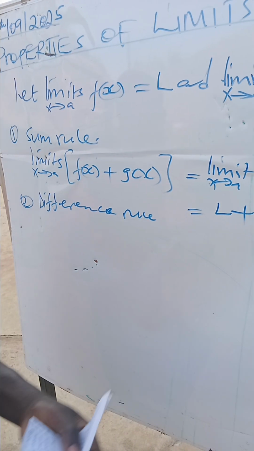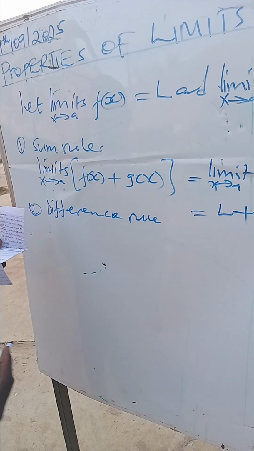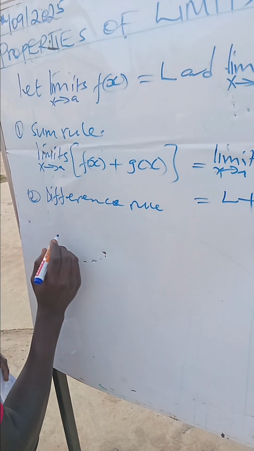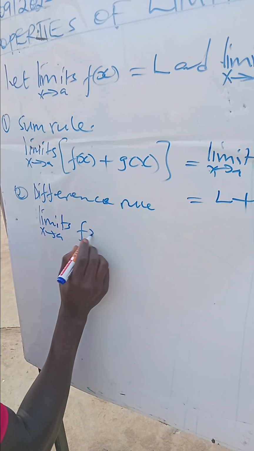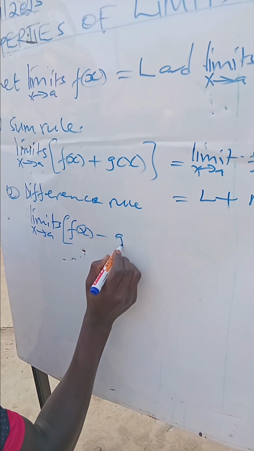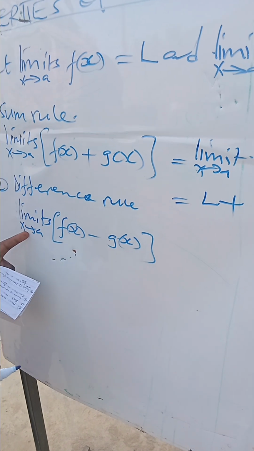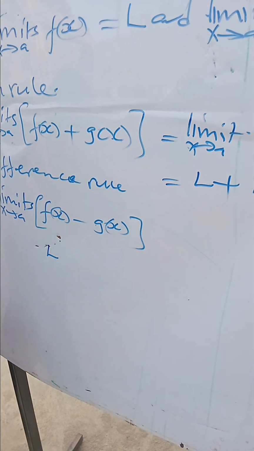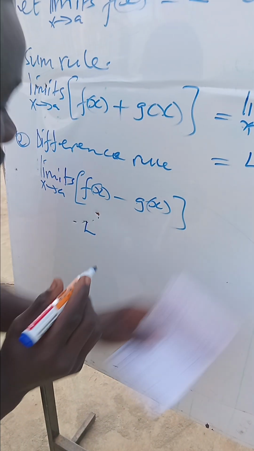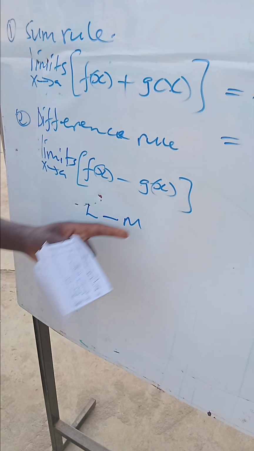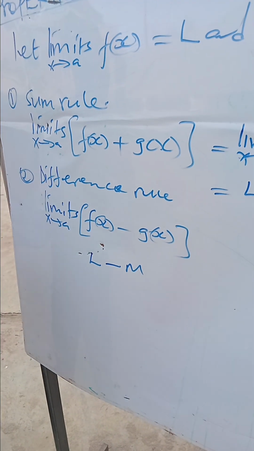If you're given the limit as x approaches a of f of x minus g of x, with the limit of f of x being L, minus the limit as x approaches a of g of x being M, we get L minus M. That satisfies the difference rule as the second property of limits of a function.